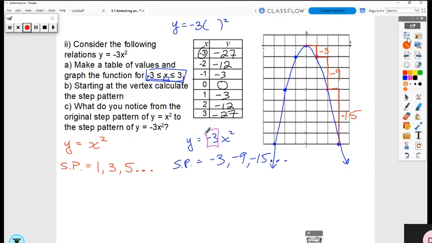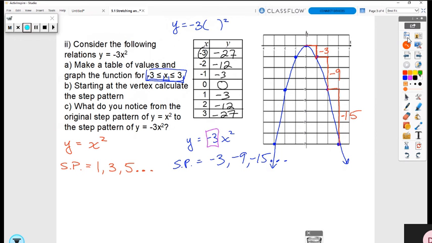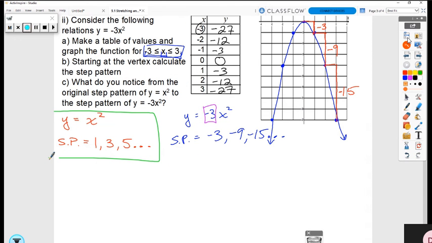So, folks, I just want to see where we're headed. Because we're relating everything we do to the parent quadratic, y equals x squared, a lot of the stuff that we deal with relates back to this, and we can always compare it to this, and I'll show you what I mean.